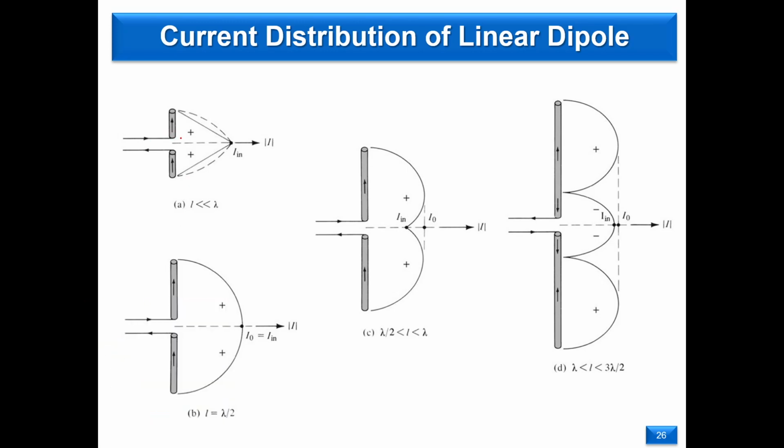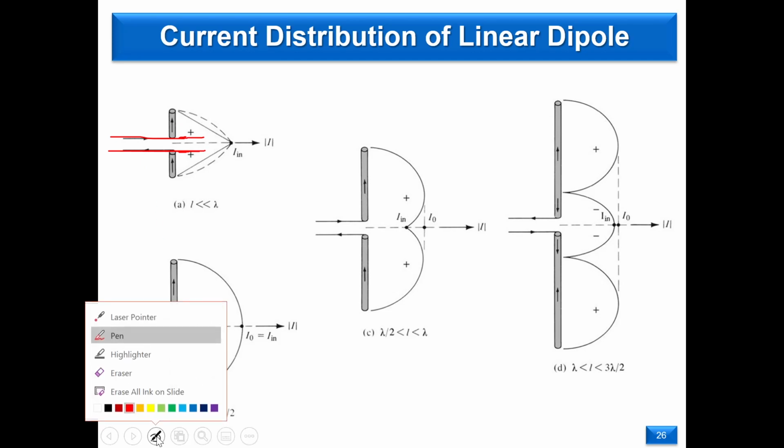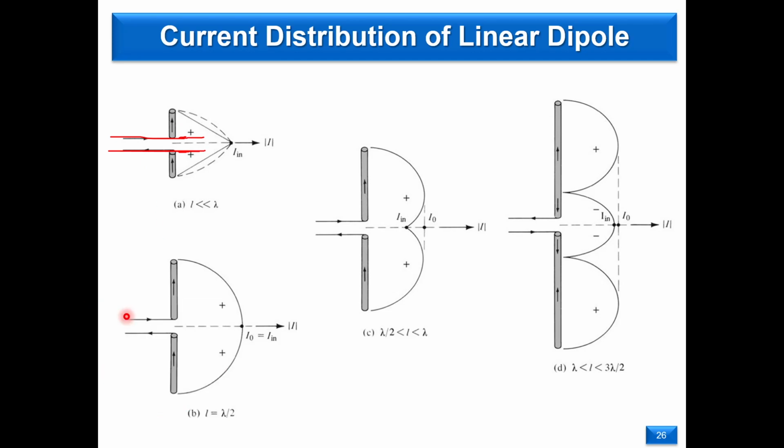So let us think as if this length was just extending like this. So it's an open circuit transmission line. If we have an open circuit transmission line, what will happen? We'll have the current equal 0 here, and we can find the expression. This is the best approximation for the current distribution along a transmission line.